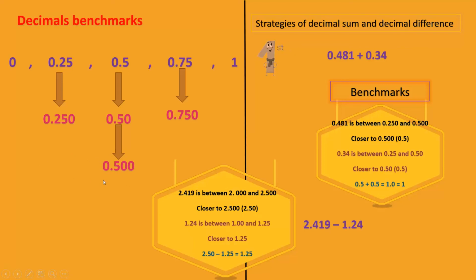And it's closest to 2.500. And 1.24 is between 1 and, yes, 1.25, and it's closest to 1.25. So let's subtract. Here we have two decimal places, so we will choose 2.50. So 2.50 minus 1.25 will be 1.25. This is the benchmark strategy.